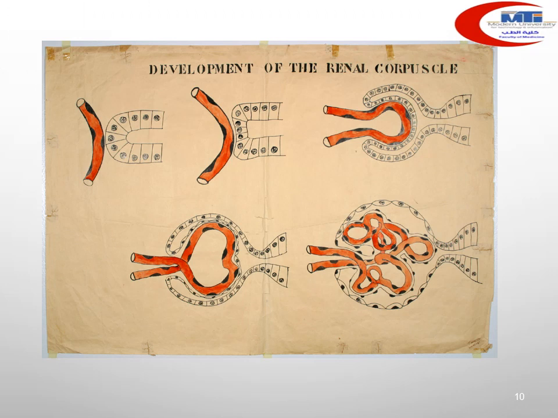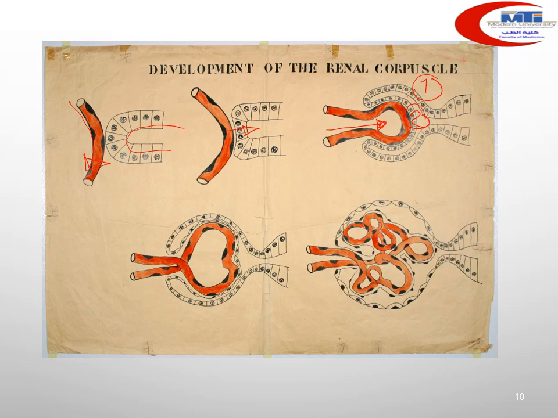For the development of the renal corpuscle or the Malpighian corpuscle, at first there is a blood capillary and some epithelial cells. The blood capillary pushes on the epithelial cells, pushing them inwards, forming something like a balloon. The balloon has two surfaces, the outer surface and another inner surface.